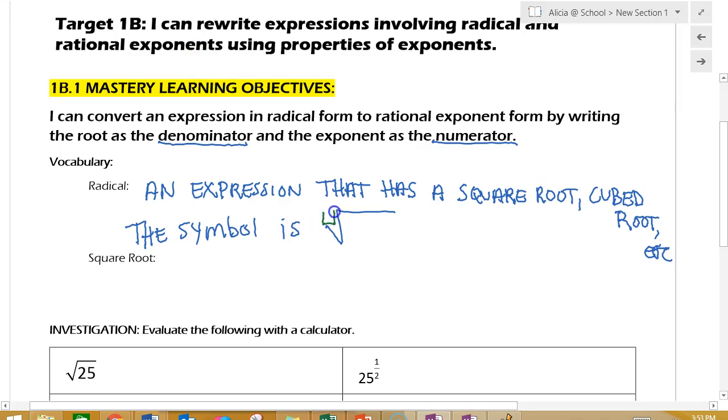If there's ever a number inside here, that's called the index, or it's also called the root. The number in that little spot gives the name of whatever root it is. Square root, there will be a little 2 in that little box. Or a cube root, there's going to be a little 3 in the box. Fourth root, and so on and so forth. But we'll get to that a little bit later when we start converting.